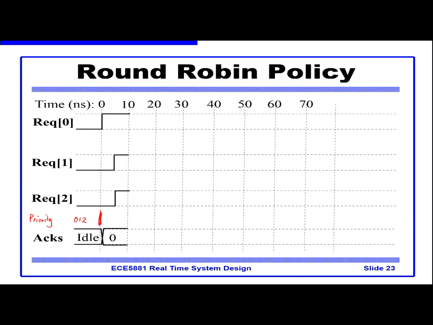And whenever we allocate the resource, we're going to rotate that priority so it becomes someone else's turn to be high priority. So what you notice, of course, is we start off the same way because 0, 1, 2 is the same as we had earlier. Once we allocate that, the priority changes to 1, 2, 0. Right?